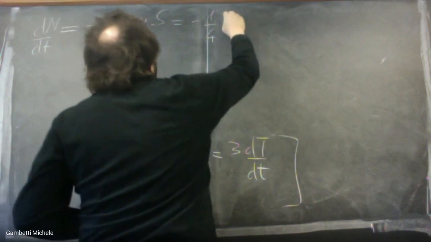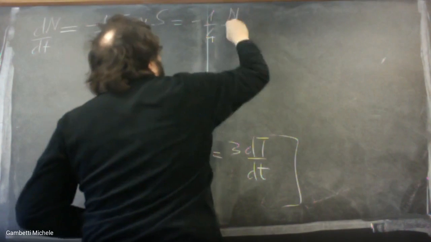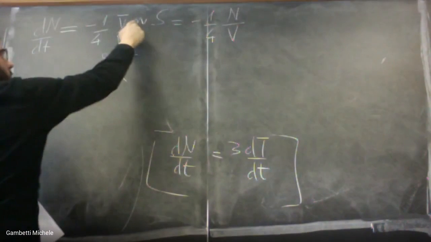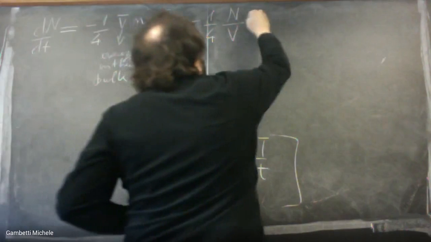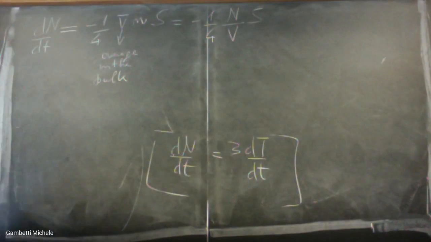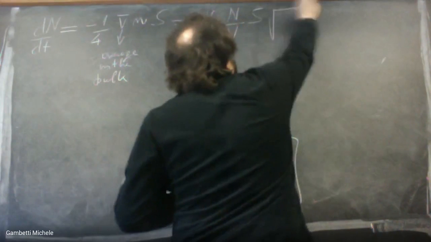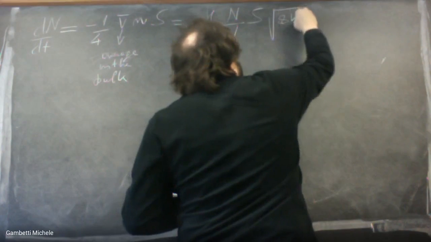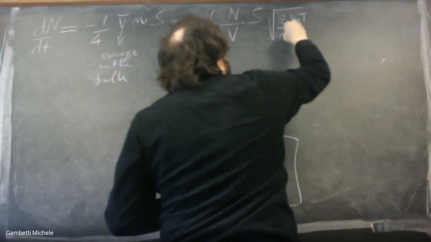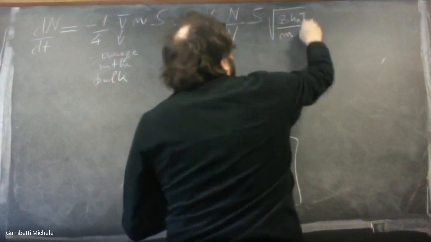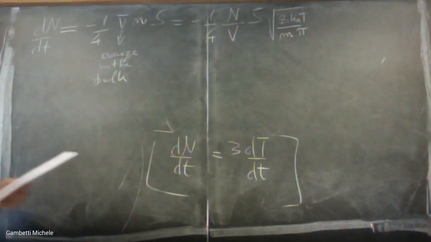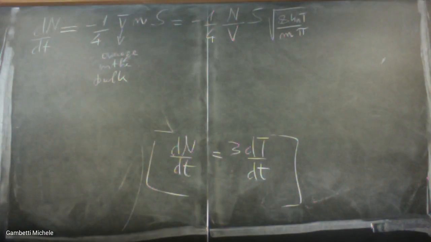Then I have n divided by volume, this quantity here. Then I have my surface, and then the average velocity that was computed, and it was 8 kBt divided by m pi. Okay.